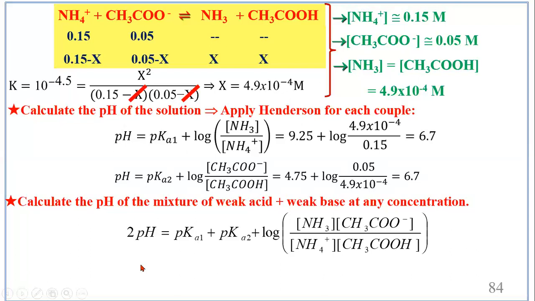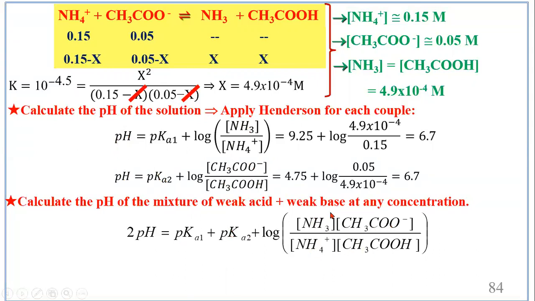So this becomes 2 pH, because the pH has to be the same, equals pKa1 plus pKa2 plus the log of this system, which is, if you add the two log values, you multiply the insides. So this becomes the concentration of the ammonia times the acetate divided by the acids.